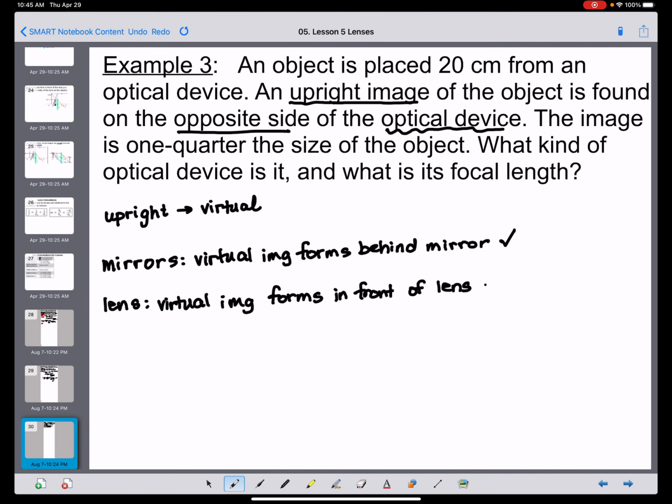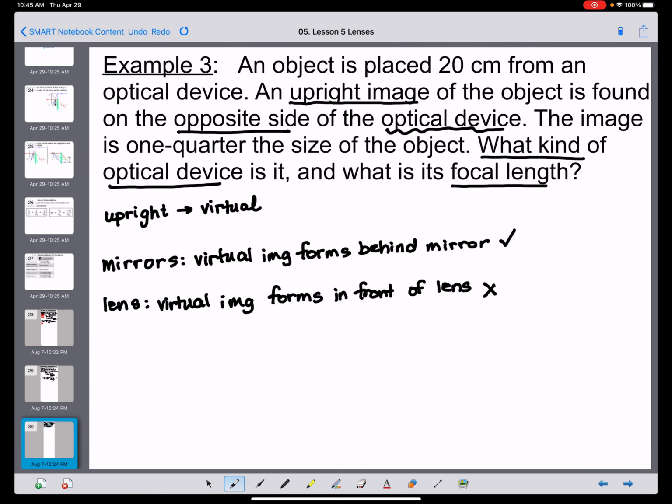It's a mirror, not a lens. The reason I'm going through all of this is that later in the question it says, what kind of optical device is it? So we'll need to specify in our answer that it's a mirror, but we'll also need to say what type of mirror, right? Is it a concave mirror or a convex mirror? Let's worry about whether it's concave or convex after we find the focal length.